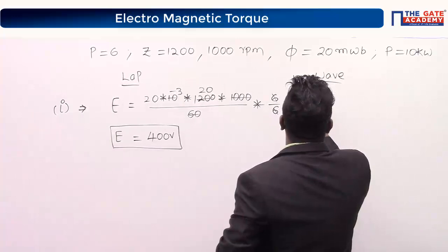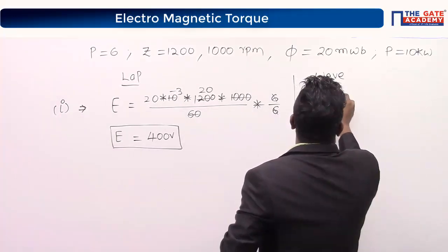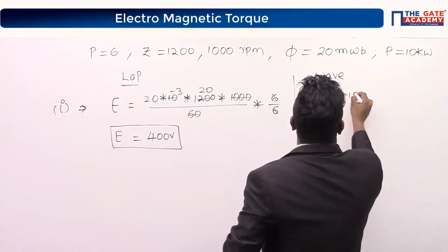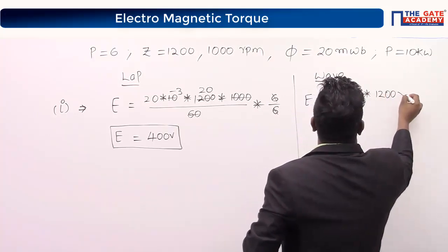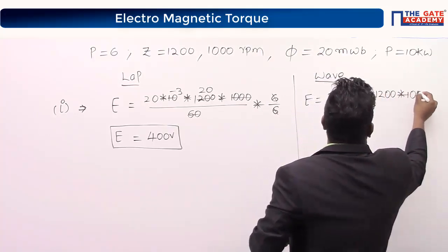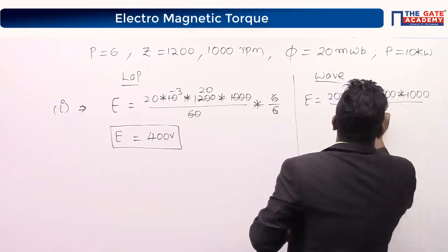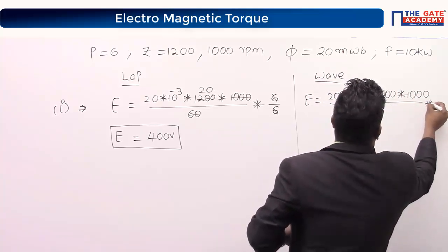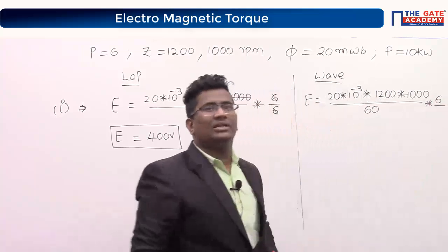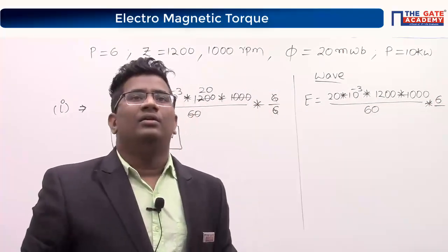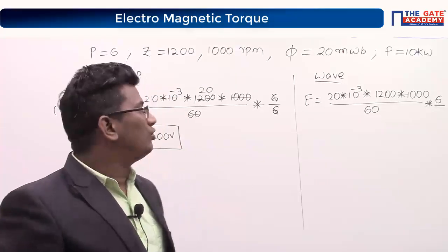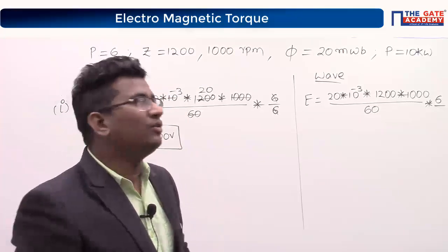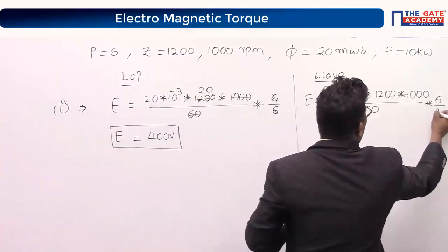Similarly, here, induced EMF is equal to the same 20 into 10 to the power of minus 3 into 1200 into 1000 divided by 60 into 6 by, tell me, how much? For wave winding, the number of parallel paths equals 2. Well done, 2.